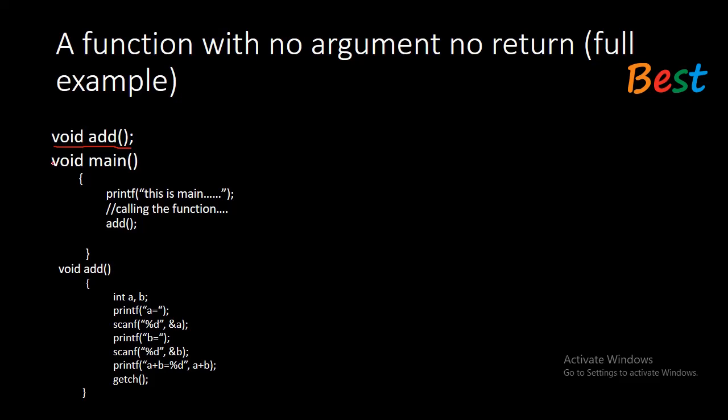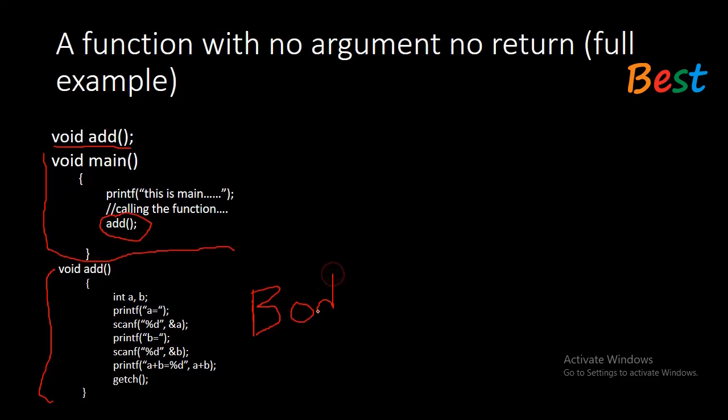After that, I have declared the main function, which can be void main or int main as you wish. In this section, I call the add function. Now I create the add function, this is the body of my function.